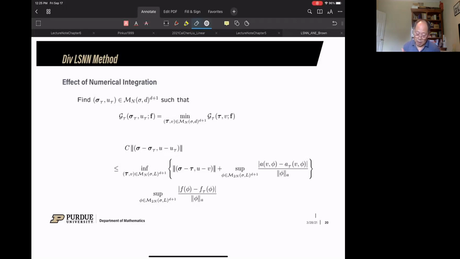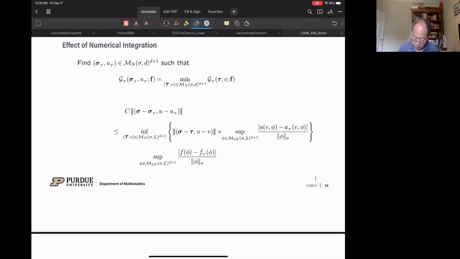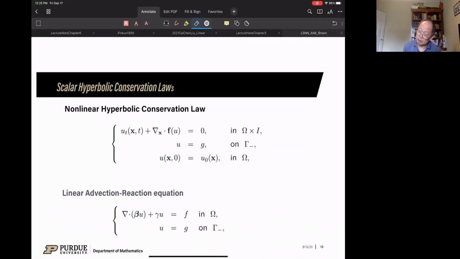This is a theorem that basically says if you do the standard quadrature and use the right quadrature points, then you still have the error estimate in terms of the approximation property of the neural nets, plus the numerical error from the numerical integration. Okay.